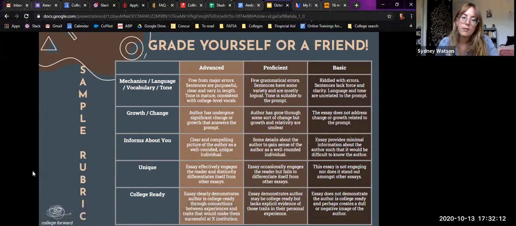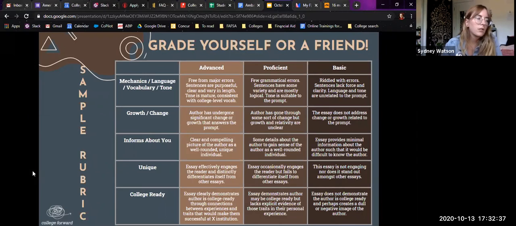So this is kind of a sample rubric that we put together. It can be used for you to grade yourself, or to help you grade friends' essays if you want to read them. It breaks it down into an advanced, a proficient, and a basic essay. And then it looks at mechanics, so like sentence structure and grammar and vocabulary.